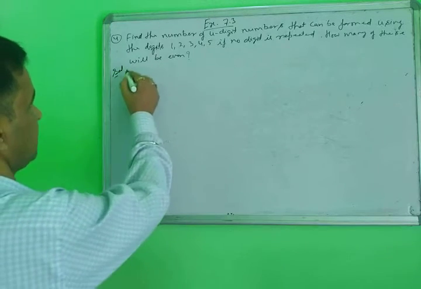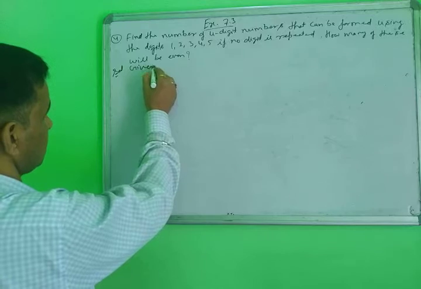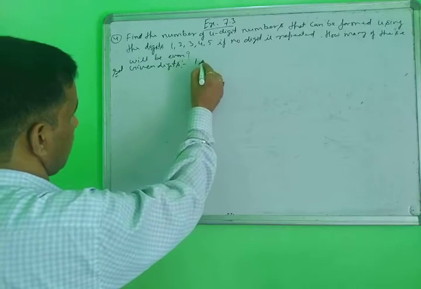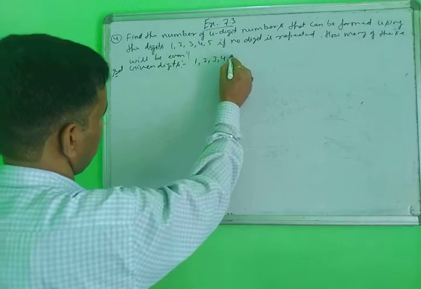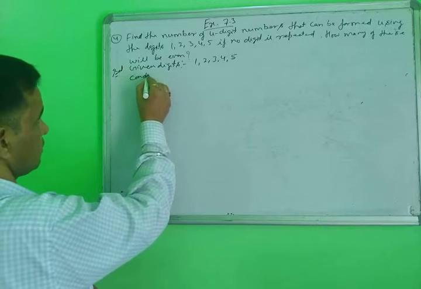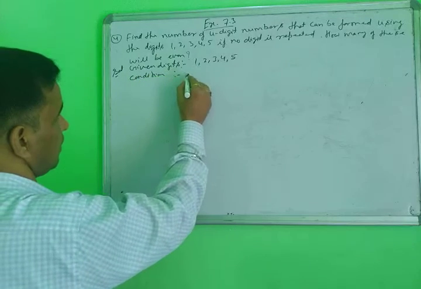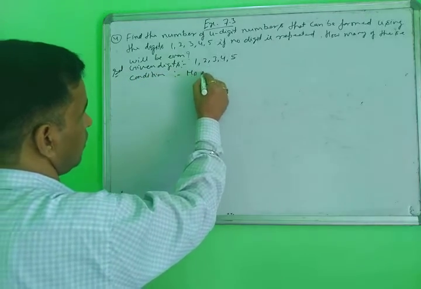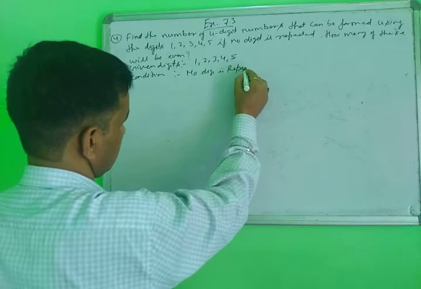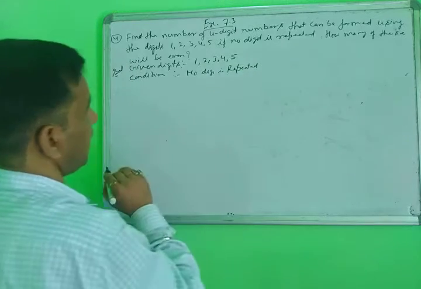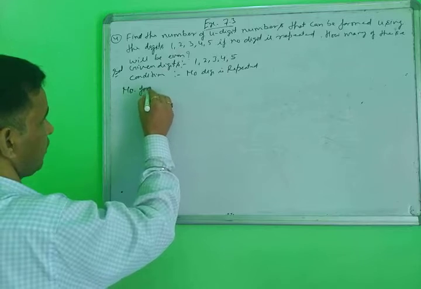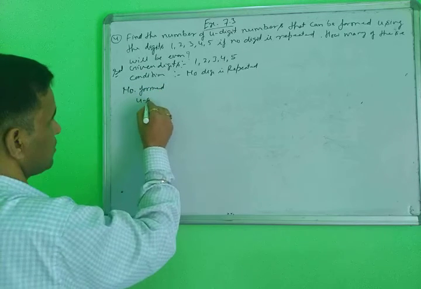First, the given digits are 1, 2, 3, 4, 5. Total digits here are 5. The condition given is that no digit is repeated, and the number formed is 4-digit.